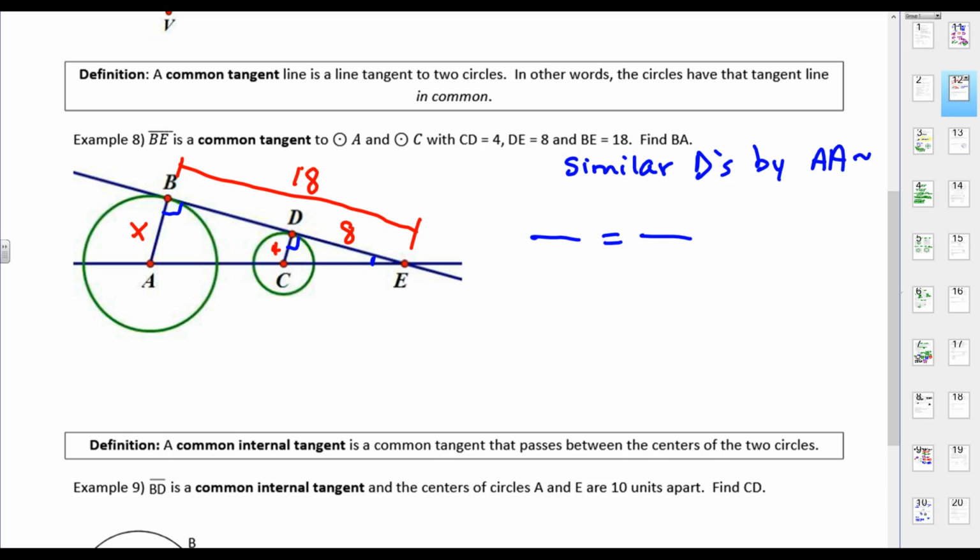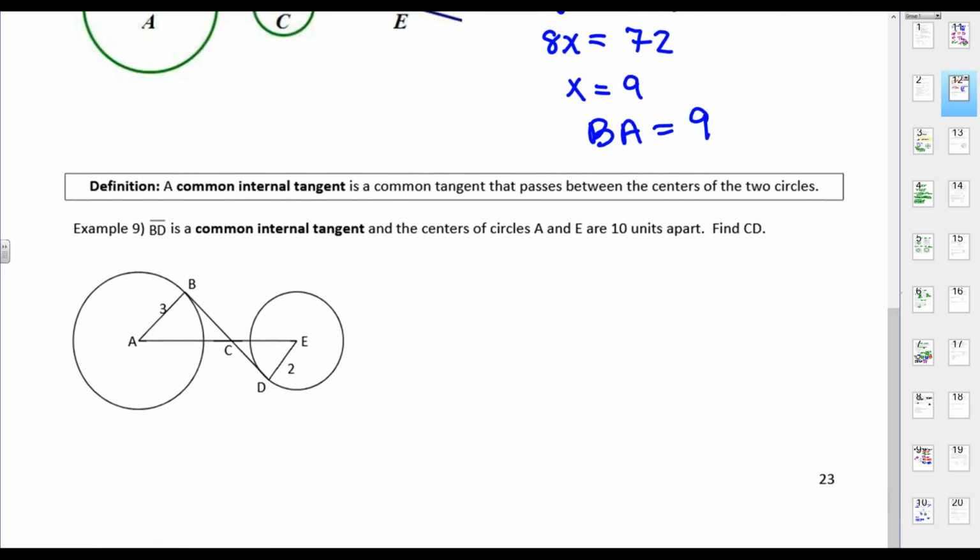So looking at the small triangle, the radius is to that leg, 4 is to 8, as on my larger triangle, the radius, that's my X, but that longer leg is 18, X over 4. So now I'm going to cross multiply. I get 8X equals 4 times 18 is 72. Divide by 8, I get that my X is 9, which means that BA is 9.